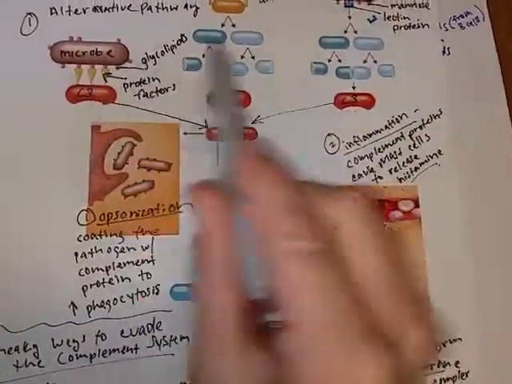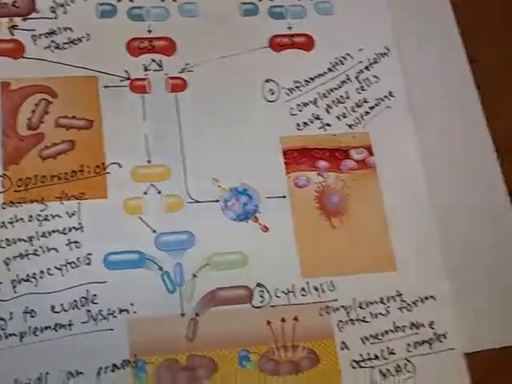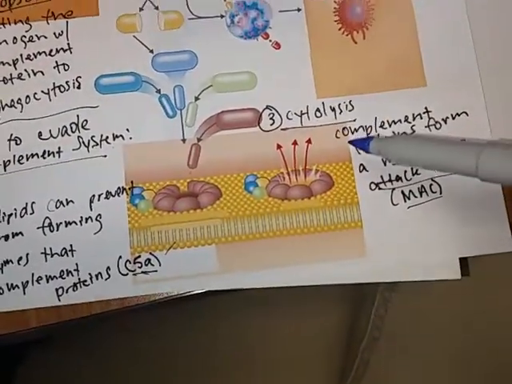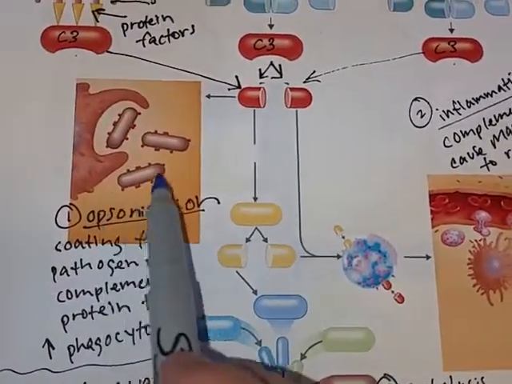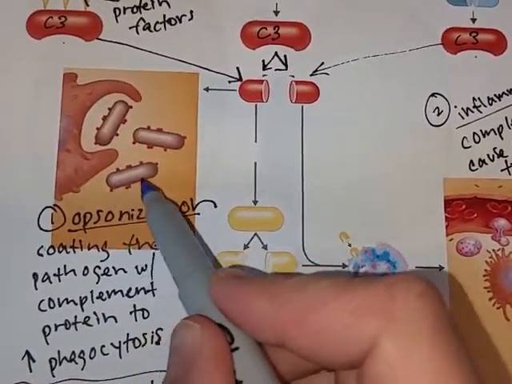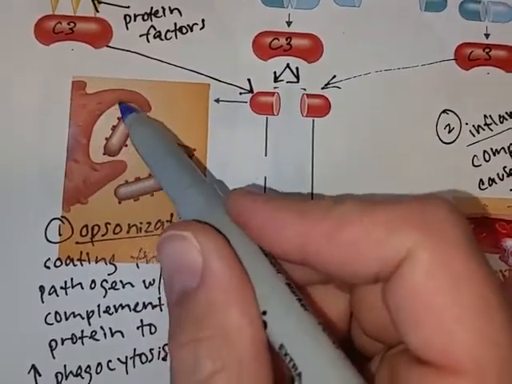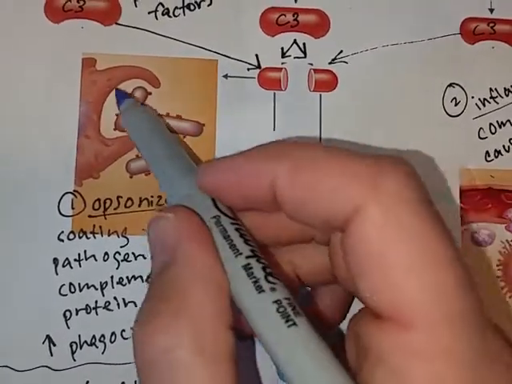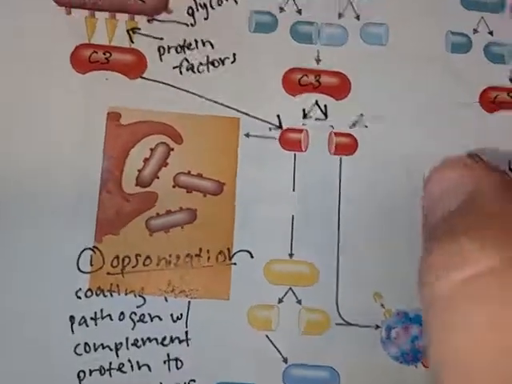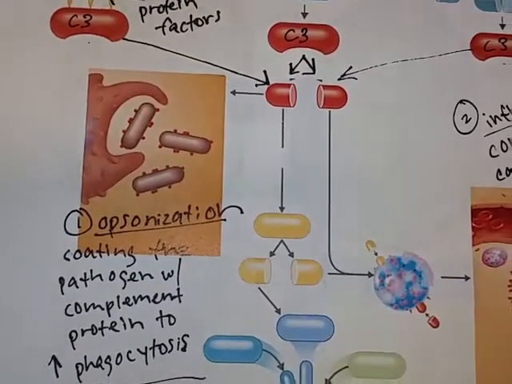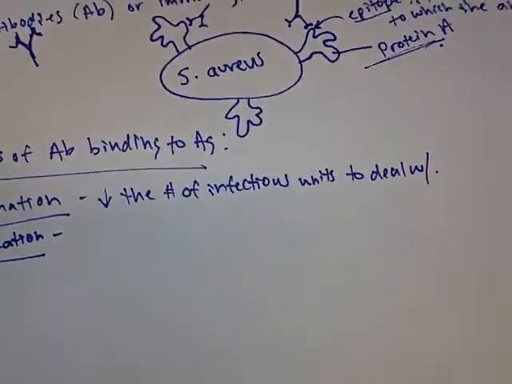When we activated the complement pathway, three results happened: opsonization, inflammation, and cytolysis, where the membrane attack complex forms. Opsonization is when the microbe or pathogen gets coated, and then the macrophage can more easily phagocytose it. It's like little handlebars to grab onto, or sticky tape, making it easier for the phagocyte to engulf the pathogen.